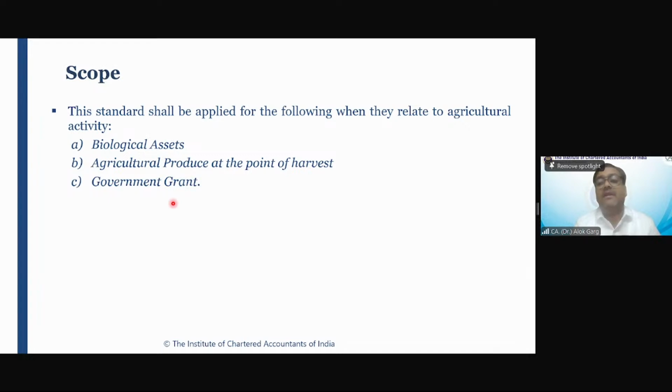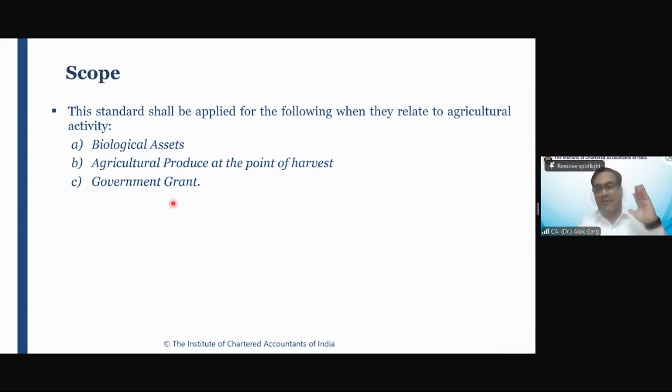For example, have you heard about Parag Milk Foods? Parag milk? Mother Dairy? Yes, sir. So if the government has given a grant for maintaining the cows to Parag Milk or to Mother Dairy, these grants are for biological assets, and hence these government grants have to be covered under Ind AS 41, not Ind AS 20, right?